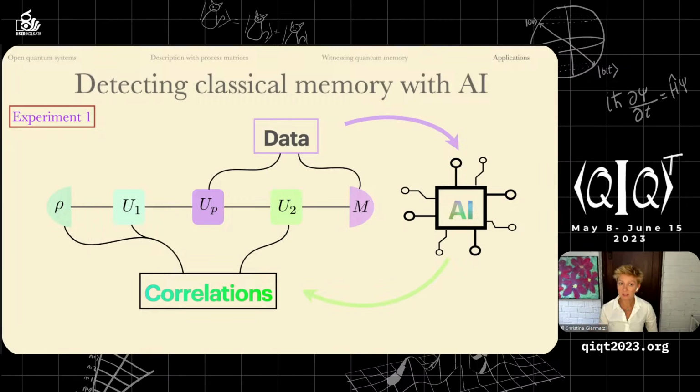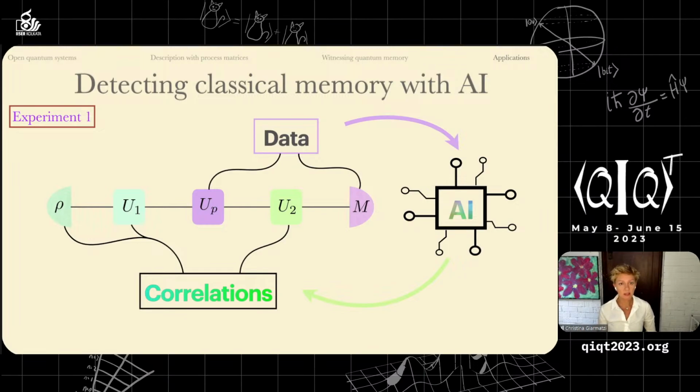Maybe you would have some classical memory, and maybe some quantum memory because of other photons flying around and interacting with each other. But it was really tricky. So we thought, well, we'll just simulate it, just to see if our methods can be applied in the lab, because in the lab there are all sorts of things happening, and also noise. We wanted to see if it's going to work.